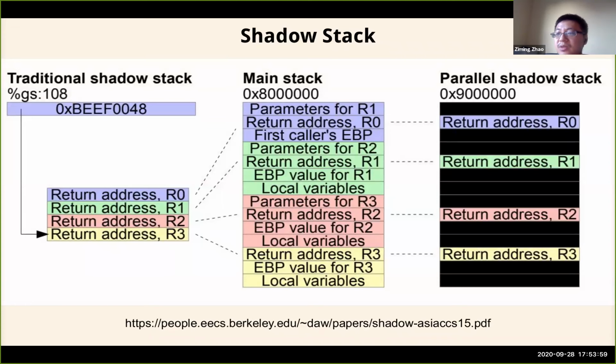So I took this picture from a 2015 AsiaCCS paper. AsiaCCS is actually also a very good system security conference. You probably know the top four security conferences for security people are IEEE Security and Privacy, which is the most difficult one to get into. Usually the acceptance rate is like 10% or something.